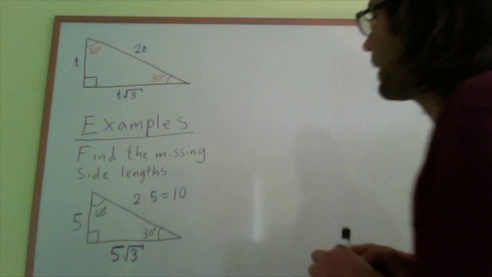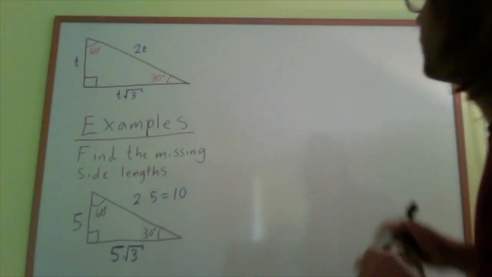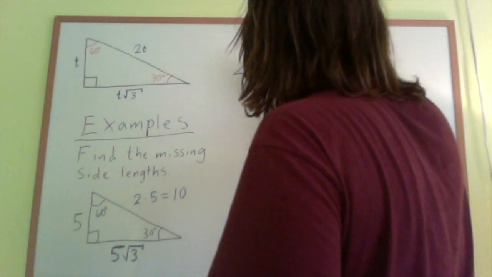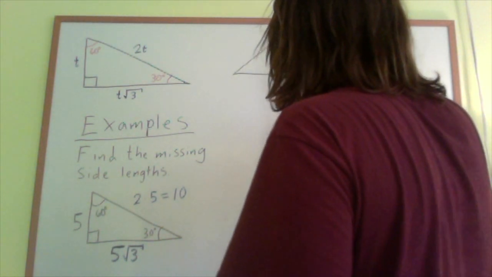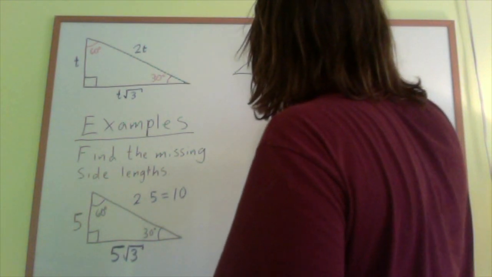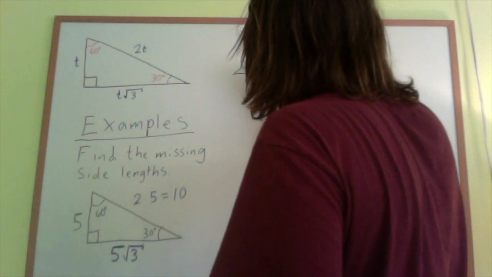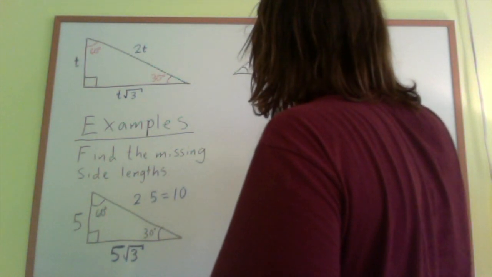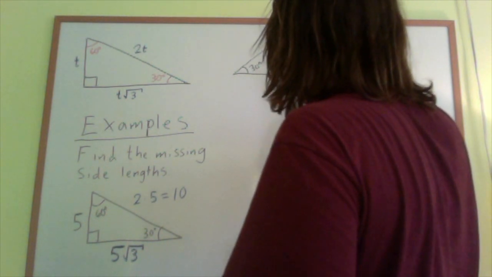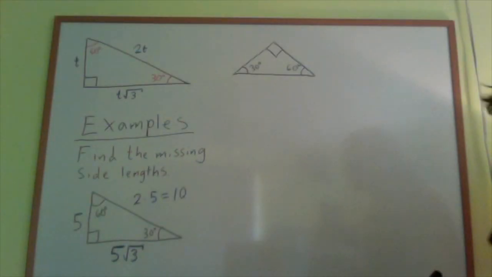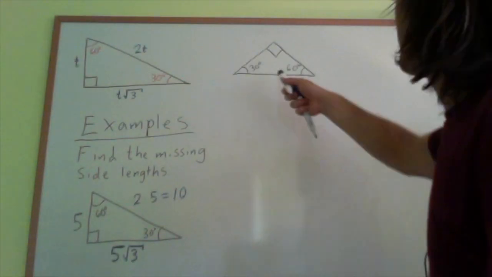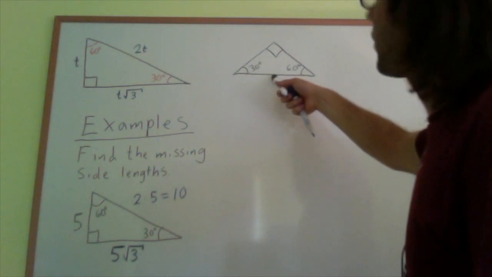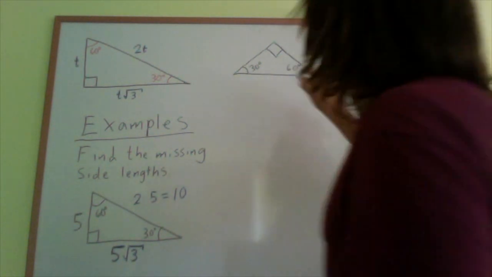Okay, let's do another example. Let's suppose we have a triangle like so. And we'll say this is 30, this is 60. Unfortunately not quite to scale, but I'm sure you get the idea. And now let's suppose that the hypotenuse here has length, I don't know, we'll say 8.